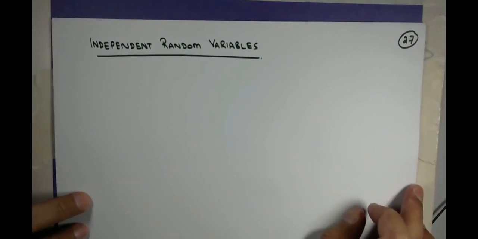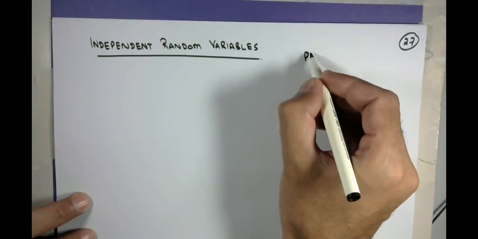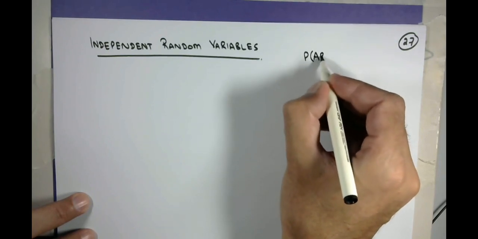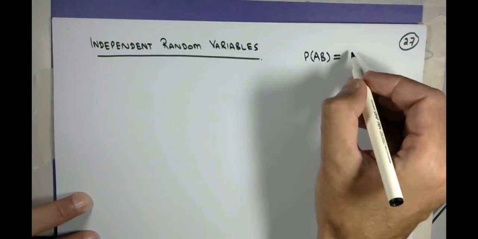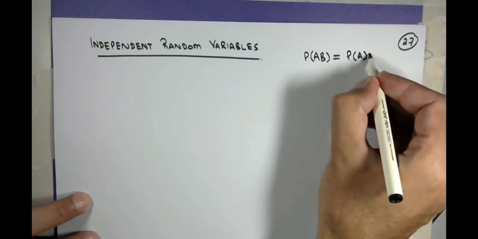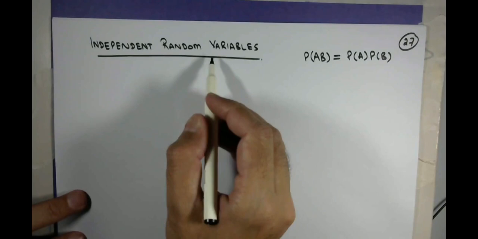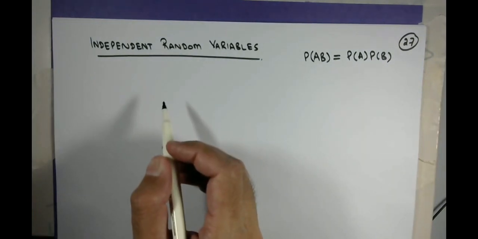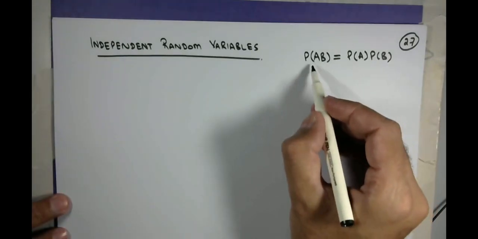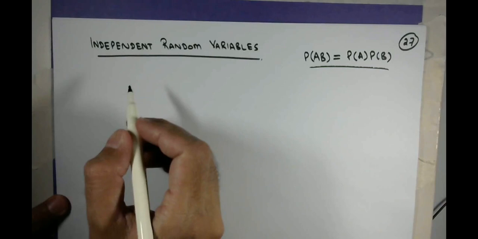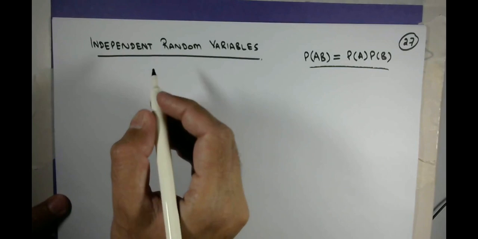You already know that when you have independent events, the probability of their joint occurrence, A intersection B, can be written as P of A times P of B. But now we have random variables, and you know that the probability of a random variable in totality is represented by its PMF. So this formula can be written in the form of the probability distribution in the form of PMFs.